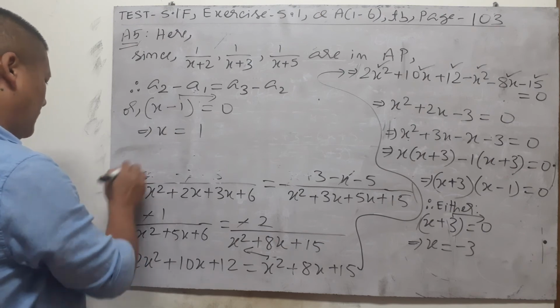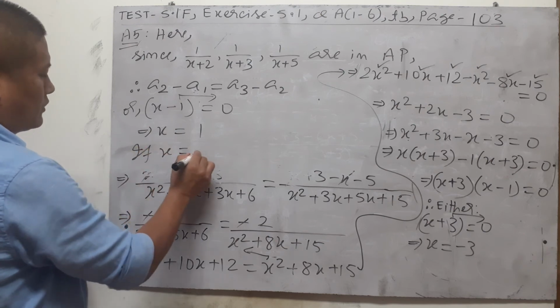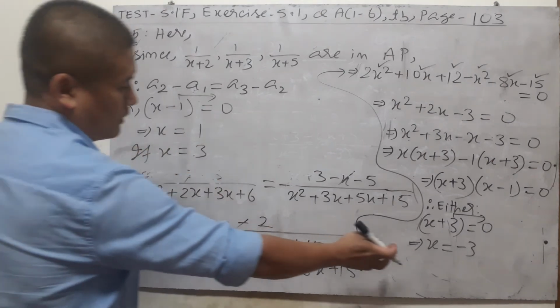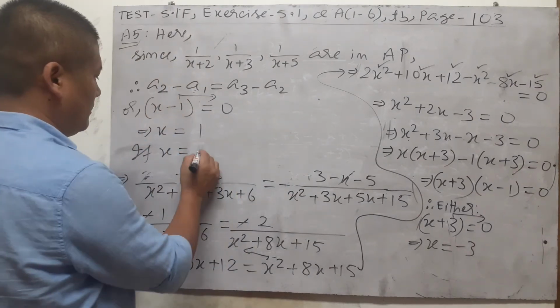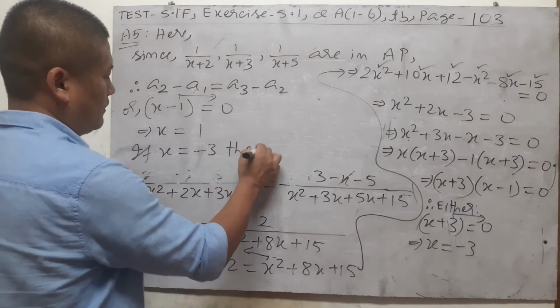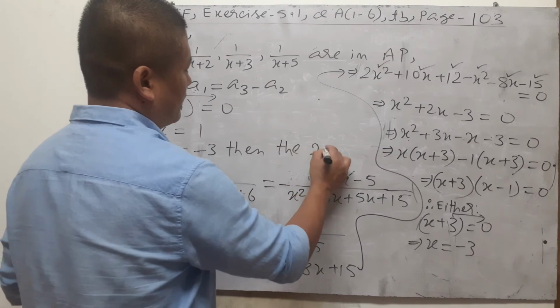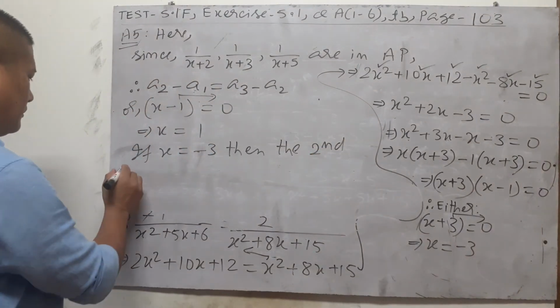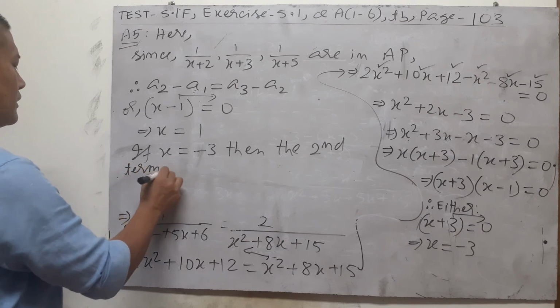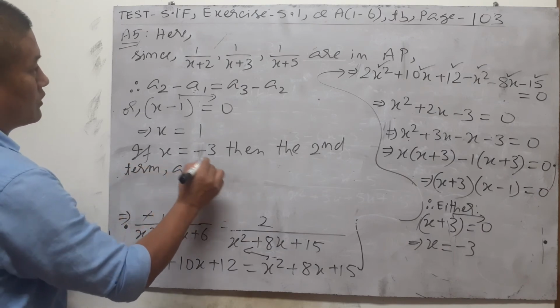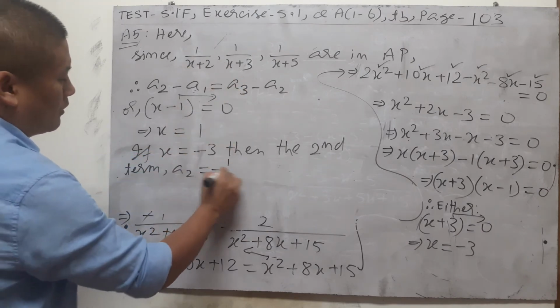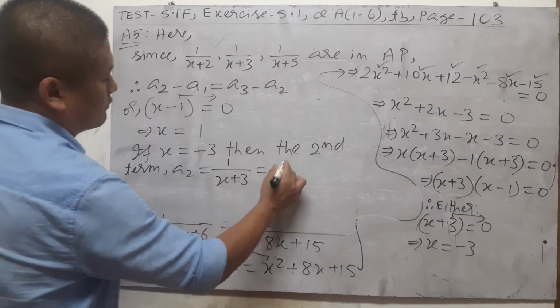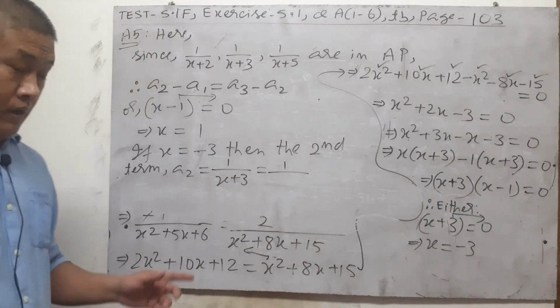Okay, if x equal to, sorry, minus 3, then the second term a2 becomes equal to a1, a2 is 1 by x plus 3, which is 1 by x here.